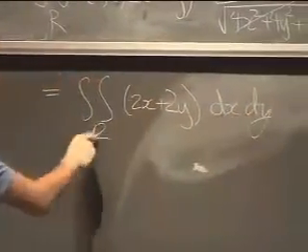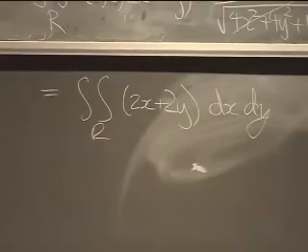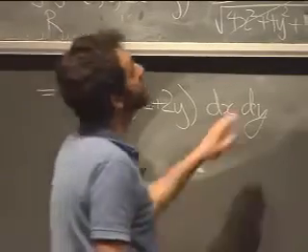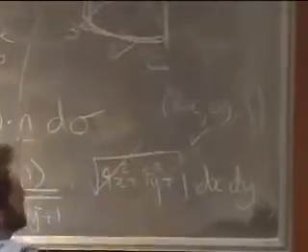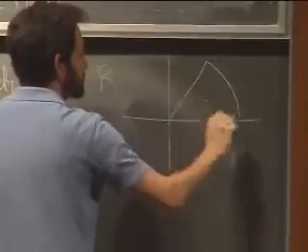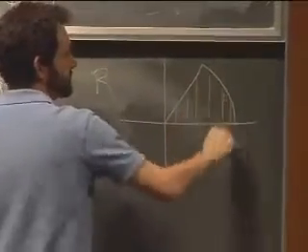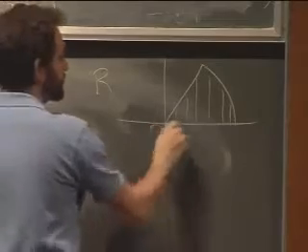But what is R? That's the only thing left. R is the shadow, which in this picture is just this wedge here. So R looks like this. From 0 to 3.